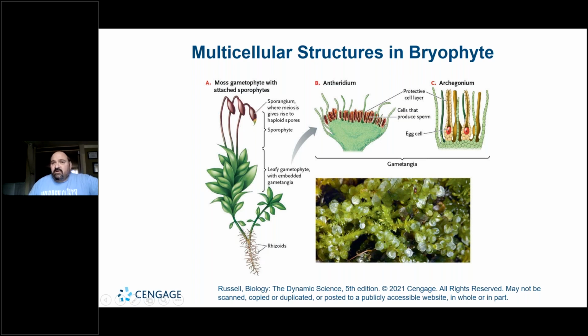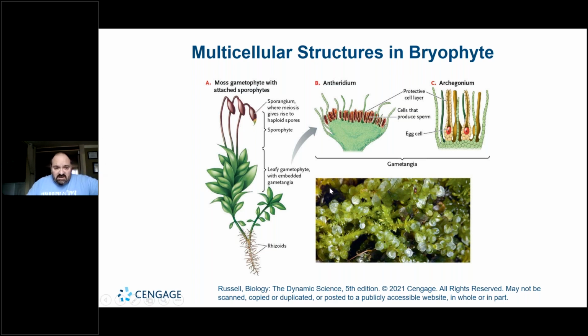So they're root-like, but they're not true roots. They will anchor the plant as well as provide water and nutrients from the ground. But structurally, they wouldn't be considered roots, but they're root-like.